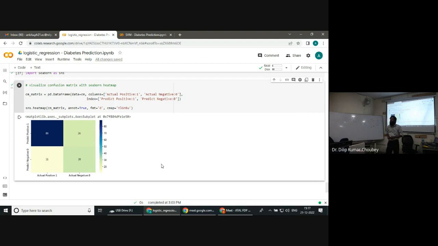So the theory says that if you project the data from a lower dimensional subspace to a higher dimensional subspace using some transformation F, then your data can become linearly separable, and this F is called the kernel.